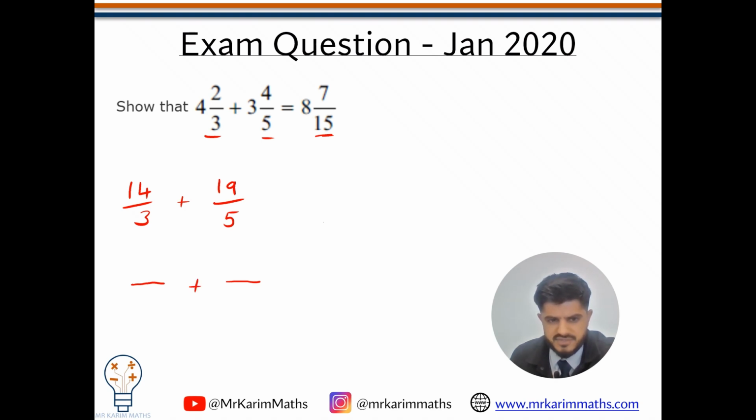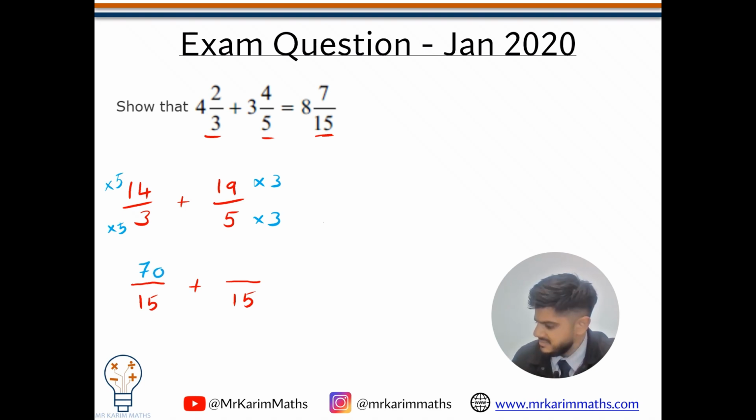3 and 5, we already discussed this, it was 15. So what multiplies by 3 to give us 15? What multiplies by 5 to give us 15? And it's just 5 and 3. So the first fraction, we're going to multiply top and bottom by 5. Second one, top and bottom by 3. So 14 multiplied by 5, what's that going to be? 70.